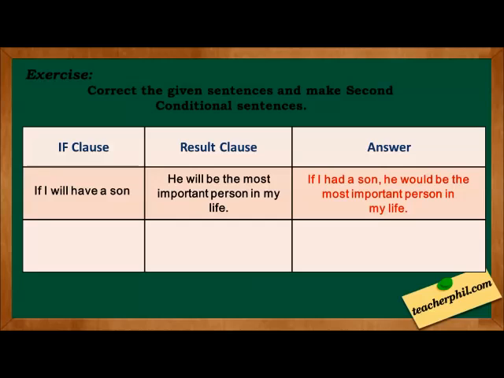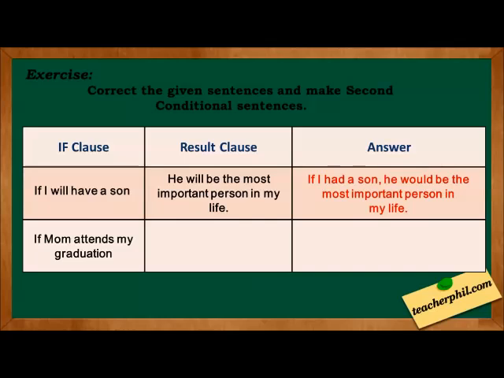If you've noticed, the if clause is in the future simple. We need to change it into simple past. If I had a son. The result clause used will as its auxiliary verb, but this is second conditional, so we need to use would. He would be the most important person in my life.